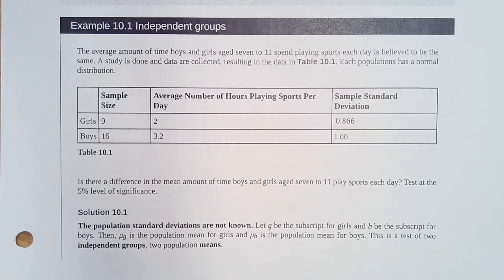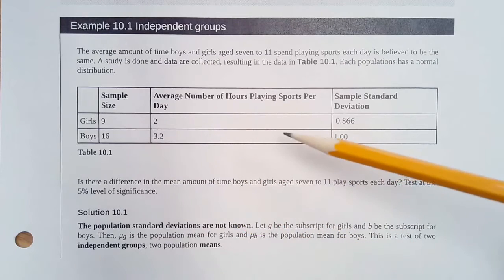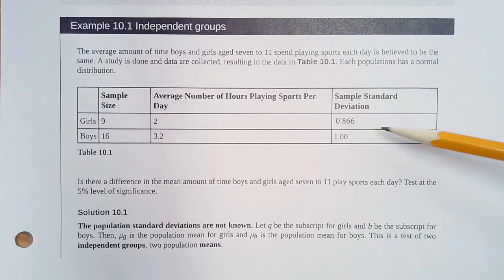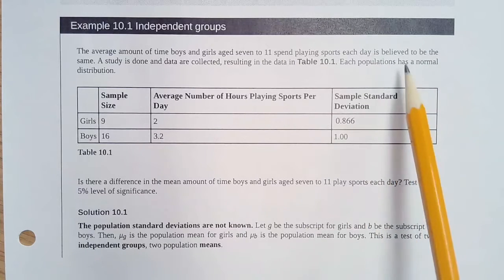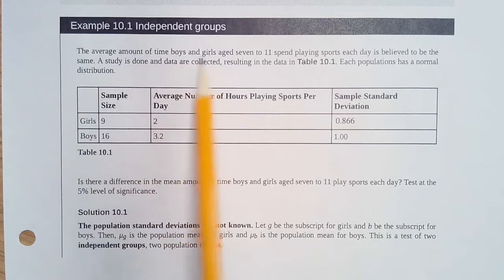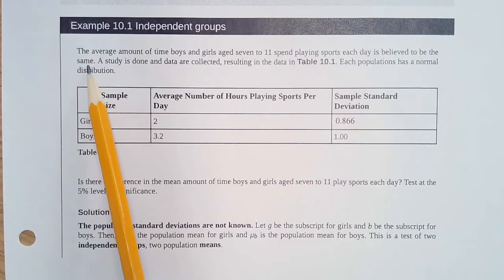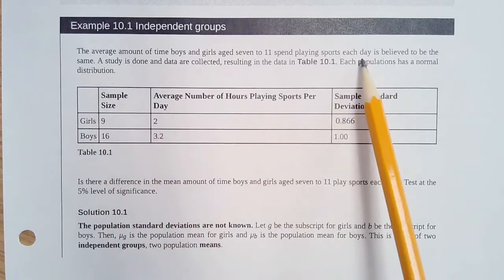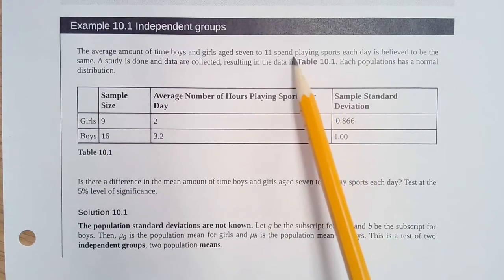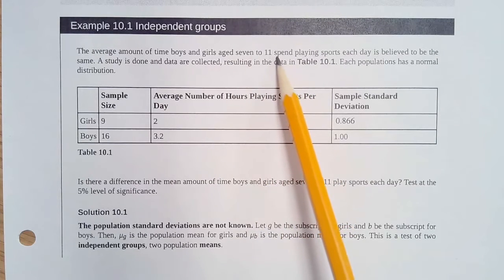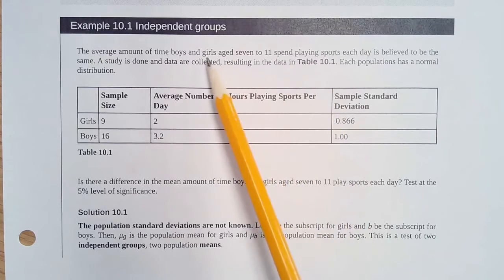Example 10.1. On this one we have data about the amount of time that boys and girls aged 7 to 11 spend playing sports each day. So we have boys and girls, their means, and their sample standard deviations. What is believed is that they spend the same amount of time outside playing sports each day.